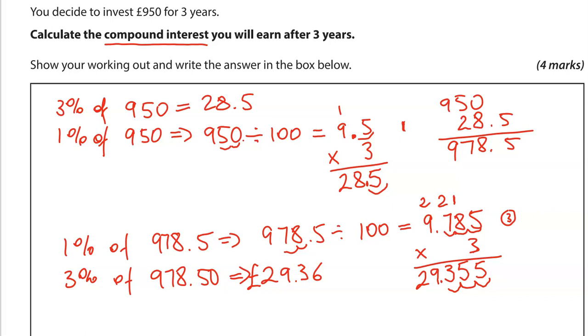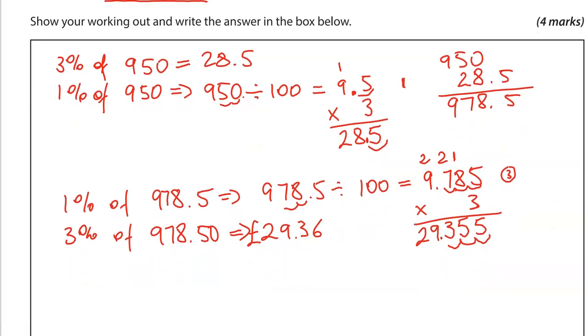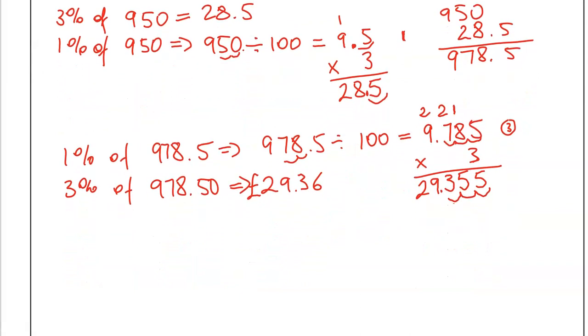We have one more year to go. So before we work out 3%, we need to add £29.36 to the £978.50.